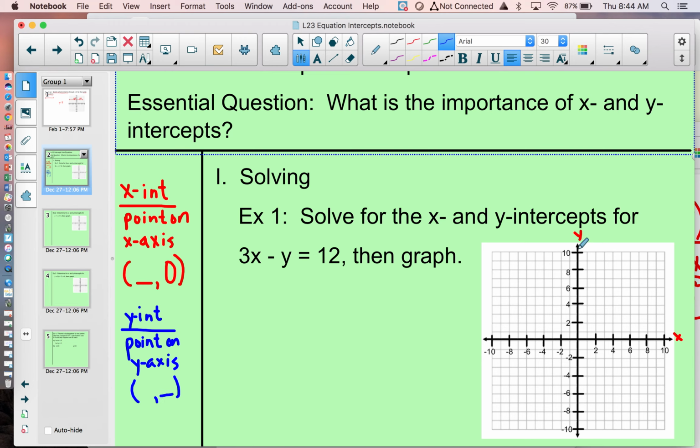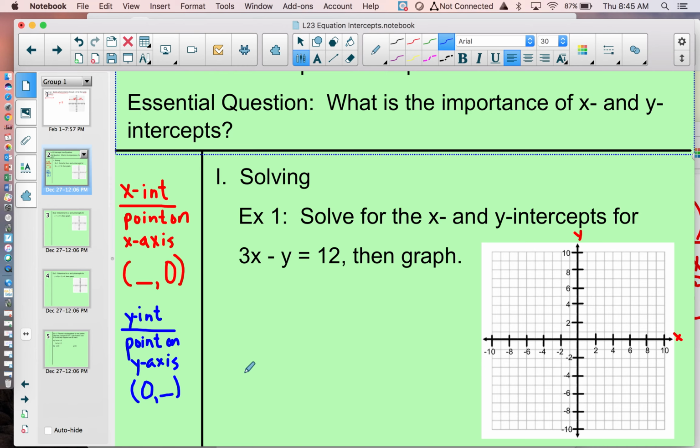But every point on the y-axis has an x value of 0. Say this point is (0, 2), an ordered pair. This point is (0, 8). The x value is always going to be 0 with the y-intercept.